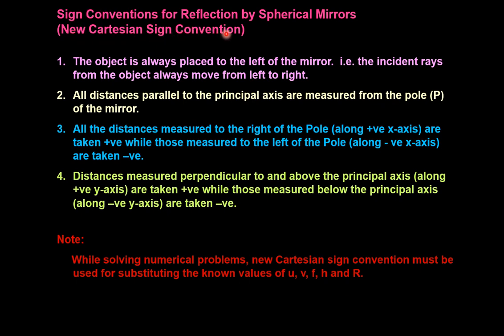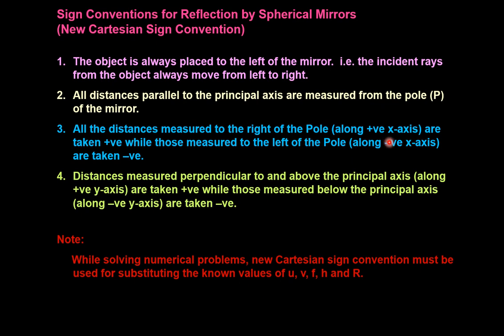I'm just summarizing. Incident light ray direction will usually be left to right. P we have to treat as the reference point. We start measuring all the distances from this pole P, which we want to measure parallel to the principal axis. Towards the positive direction of P we take the distances as positive, so towards the right of the pole distances are positive, and towards the left of the pole they are negative.